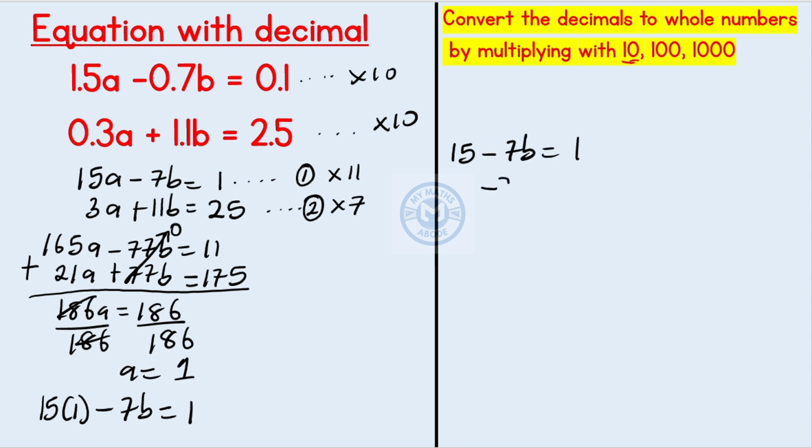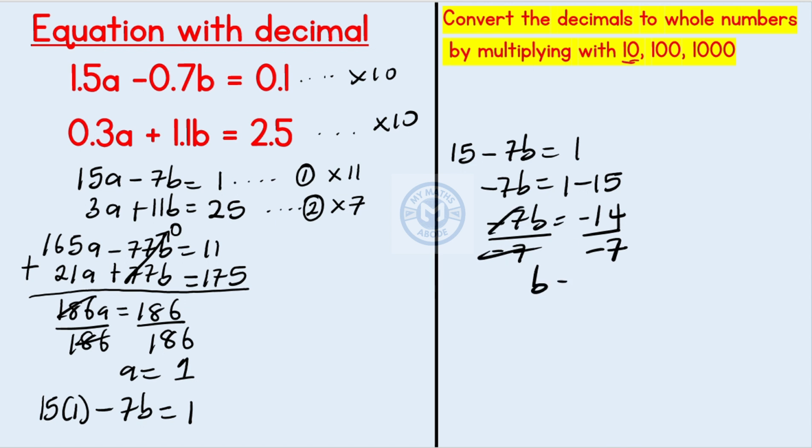Collecting like terms, I will have negative 7b is equal to 1 minus 15. Negative 7b will give me negative 14. I'll divide both sides by the coefficient of b, which is 7, and that will leave my b to be equal to 2. So therefore, my answer is a equal 1 and b equal 2.